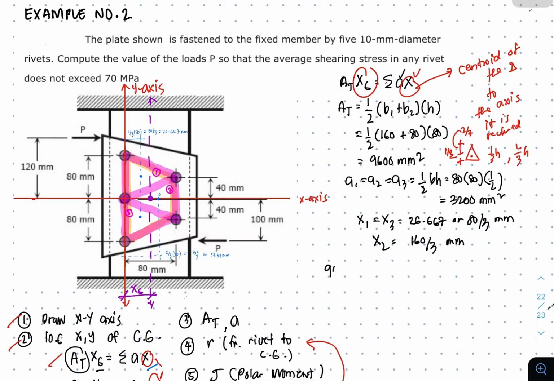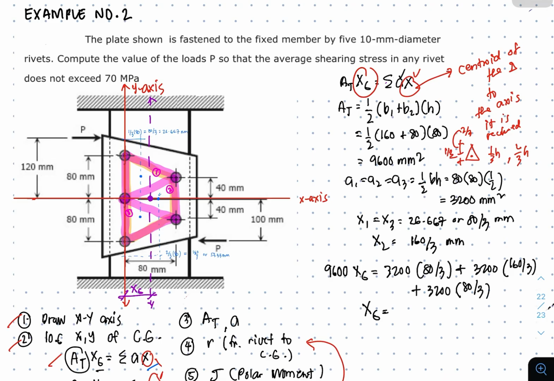So we have here area total of 9,600 times the x coordinate of our center of gravity equals the area of triangle 1, which is 3,200, times its x distance from the centroid of the triangle to the axis it is being reckoned, which is 80 over 3. For area of triangle 2, same 3,200, and its x is 160 over 3, plus triangle 3.